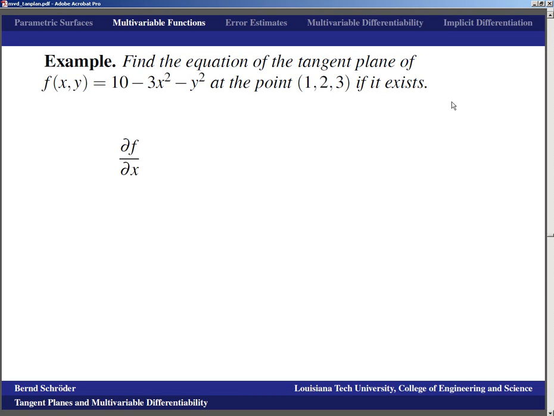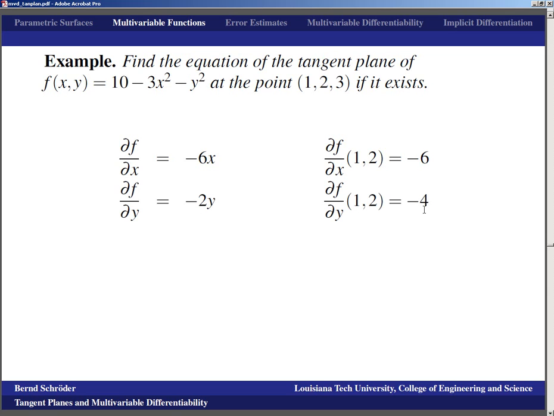And I could have put my little green box here again, because the rest is just computation. What do we need for the tangent plane? We need the partial derivative in the x direction, which is negative 6x, and that means that the partial derivative in the x direction at (1, 2) is negative 6 by itself. The partial derivative in the y direction is negative 2y, which means that the partial derivative at the point (1, 2) in the y direction is negative 4.